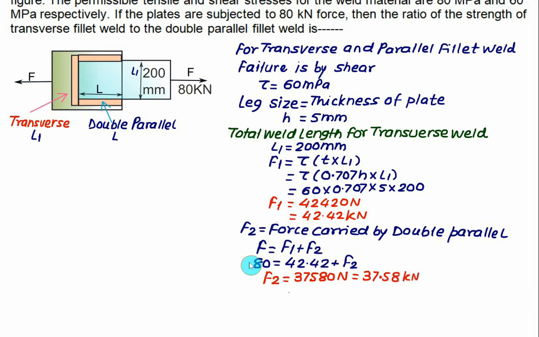So we know F1, we know F2. We are interested in the ratio of the strength of transverse fillet, that is F1, divided by the double parallel fillet, that is F2, which is 42.42 divided by 37.58. So this ratio comes to 1.13.